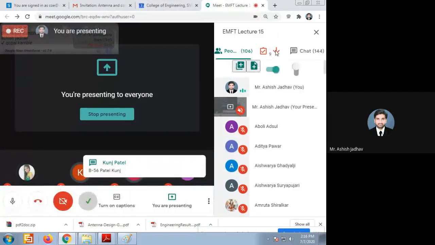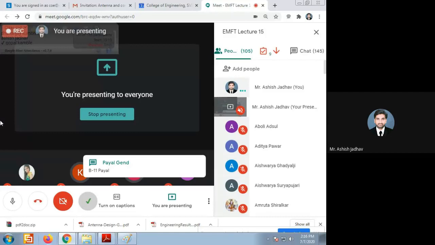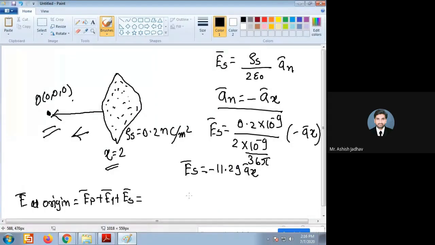So the answer is minus 20.444 a bar x minus 12.48 a bar y minus 2.55 a bar z volts per meter. That is the final answer for this example.